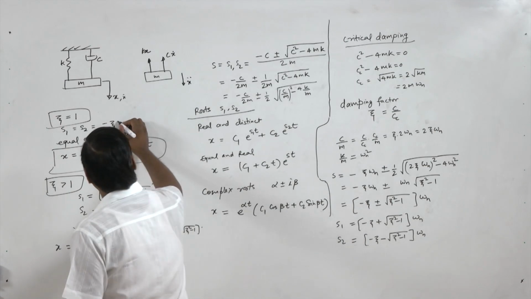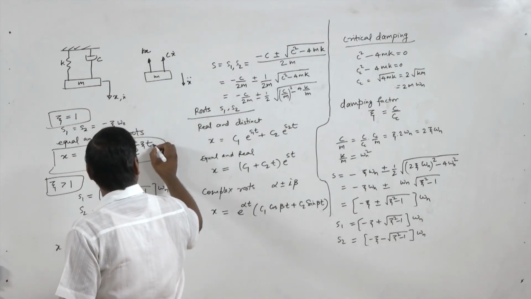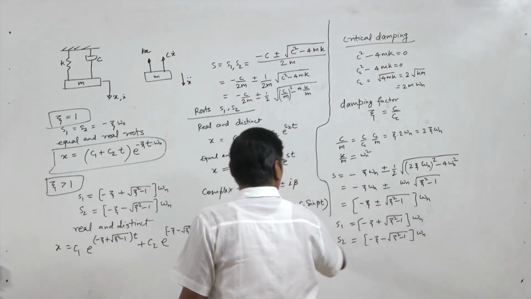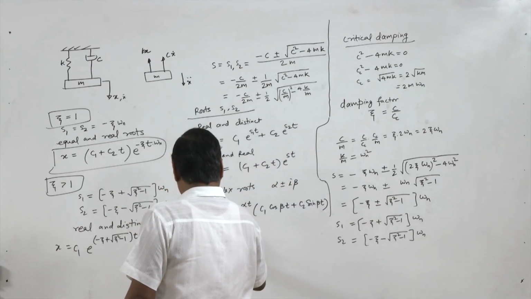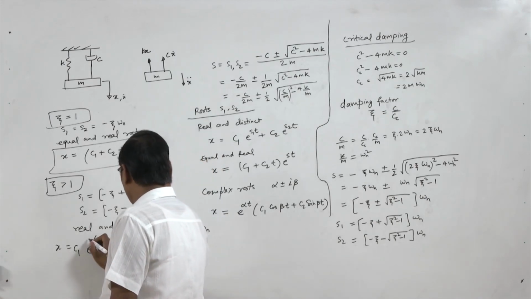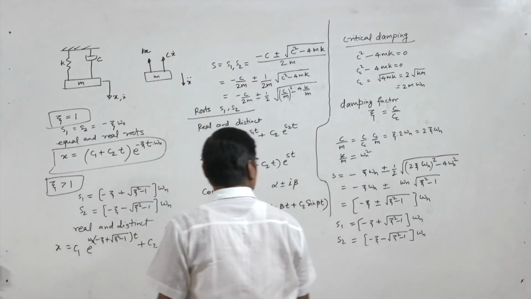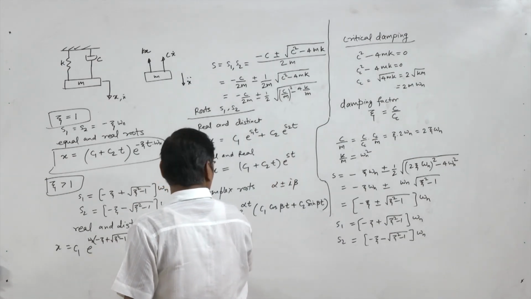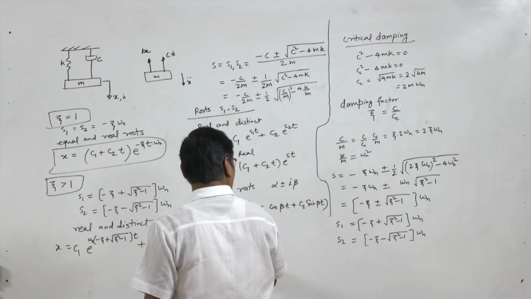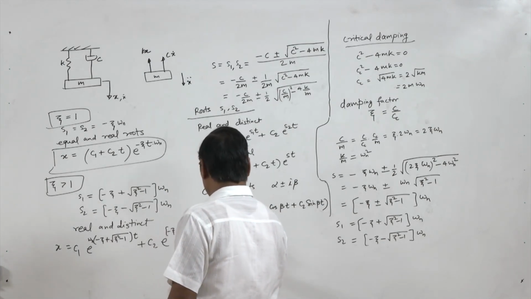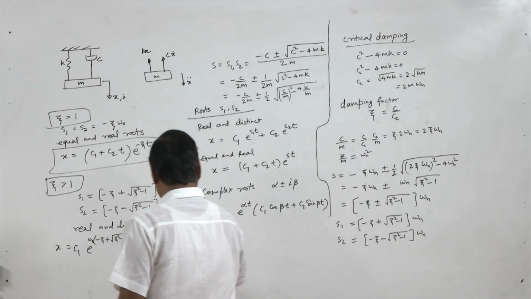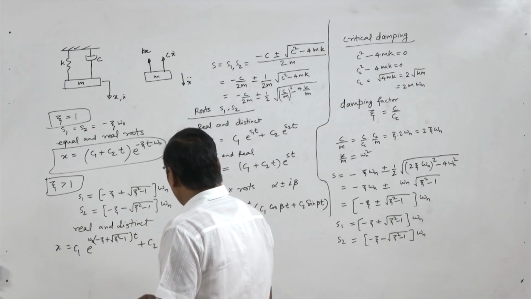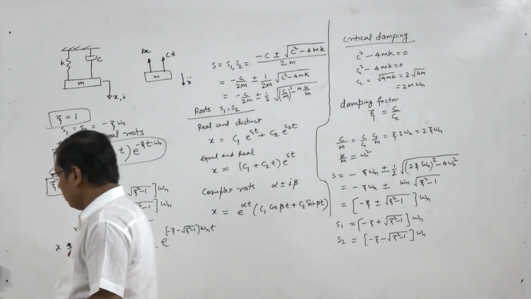It is minus zeta into omega n, so here it will be into omega n, and here also into omega n. So we have C1 e power minus zeta plus root zeta square minus 1 omega n t plus C2 e power minus zeta minus root zeta square minus 1 omega n t. So here we have the condition when zeta is greater than 1.